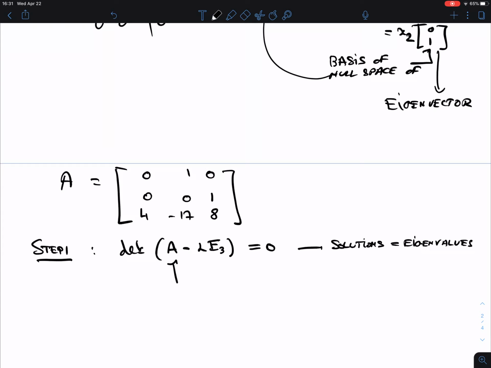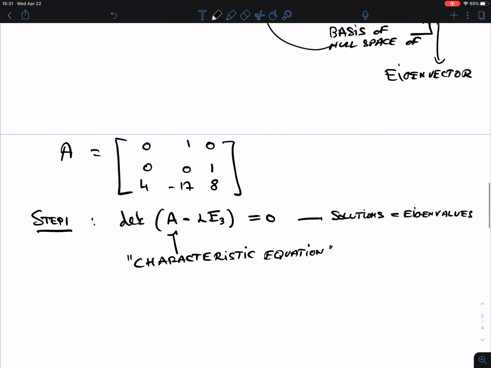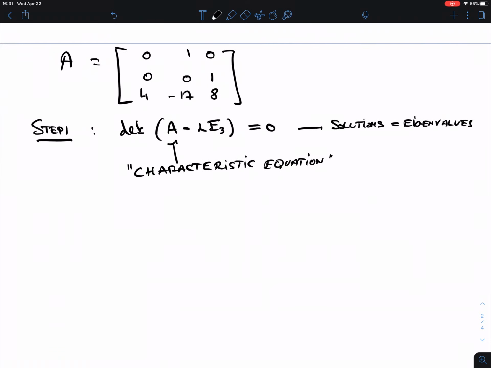This equation has a name and is called the characteristic equation. I'm not entirely correct when I say this, because the way I chose it, it's not exactly the characteristic equation, but it comes down to the same thing. So let's not worry about that. Let's write down the characteristic equation.